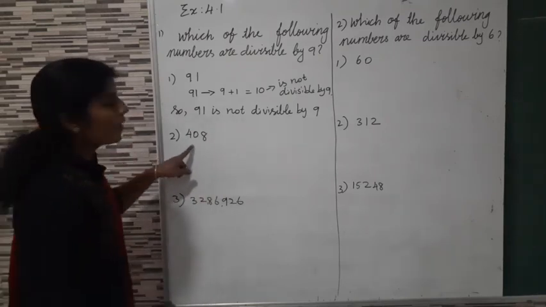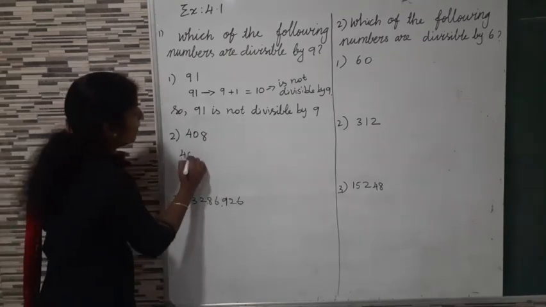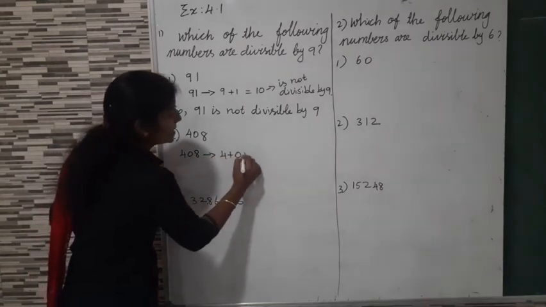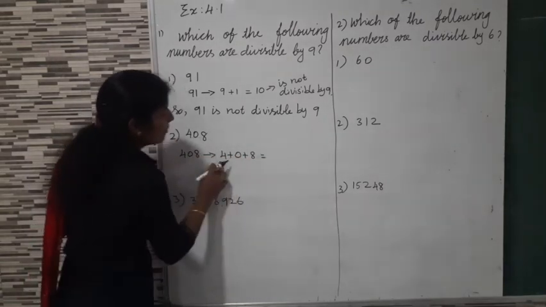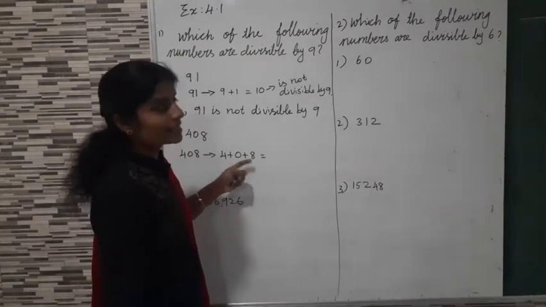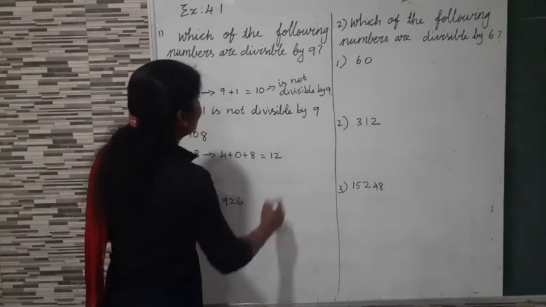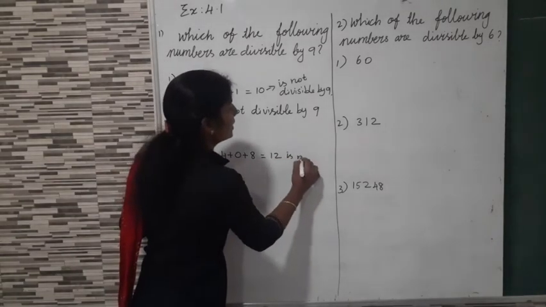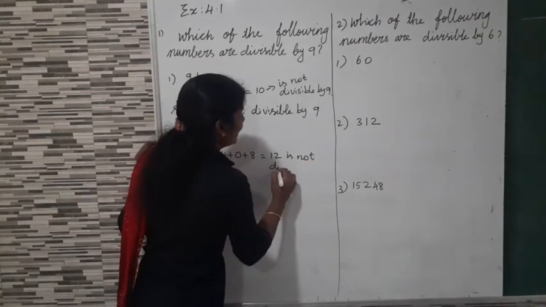Okay, now 408. 408: 4 plus 0 plus 8 equal to 4 plus 0, 4; 4 plus 8, 12. Is 12 in the 9 table? No. This 12 is not divisible by 9, isn't it?